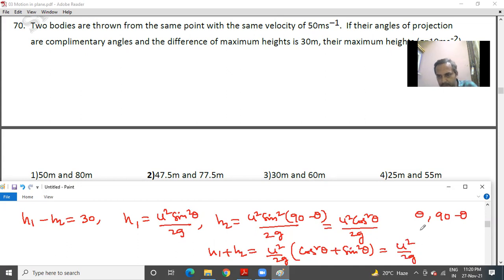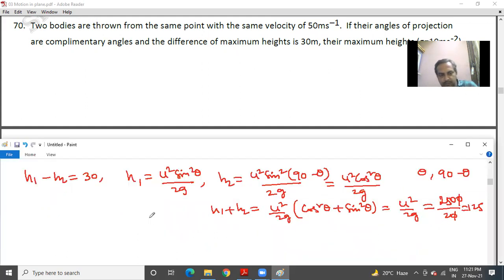So cos square theta plus sin square theta is 1. So what is u in the question? u in the question is 50. 50 square is 2500 by 20, since 2g is 20. So this will be 125. So h1 plus h2 is 125, and h1 minus h2 is 30.